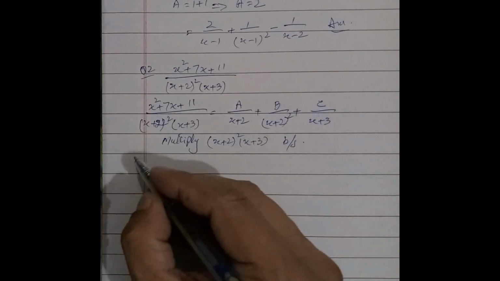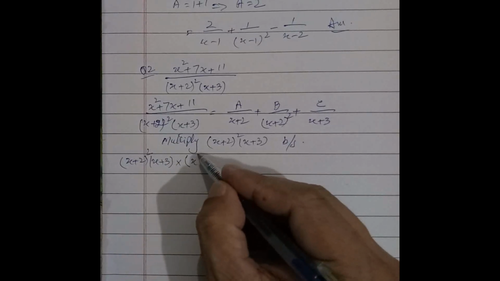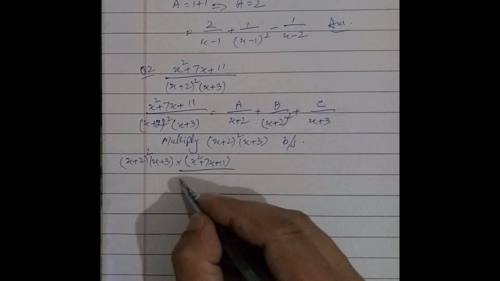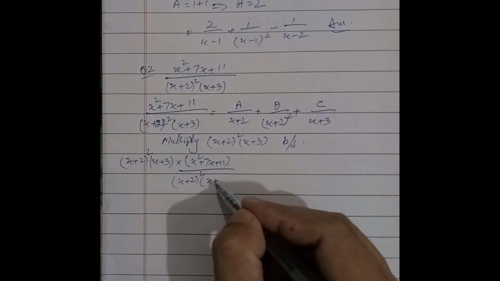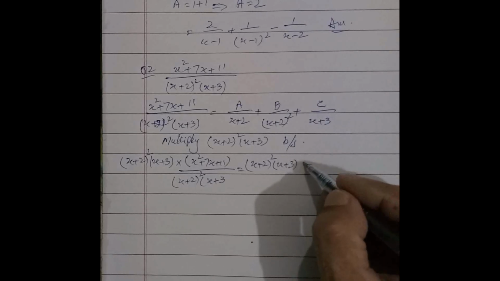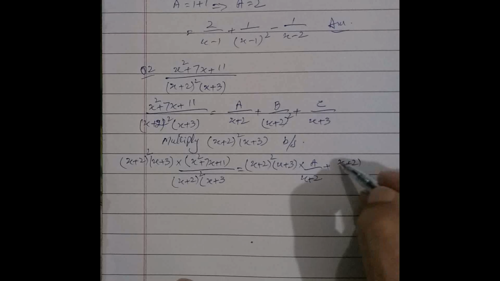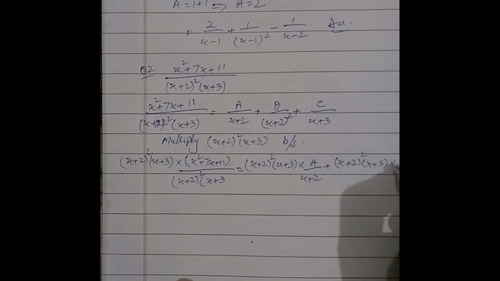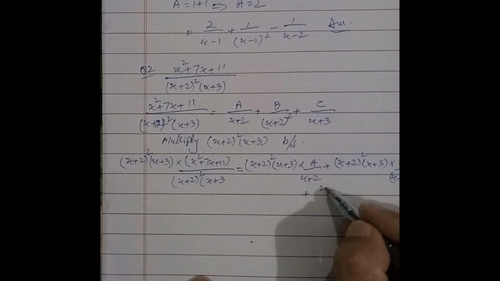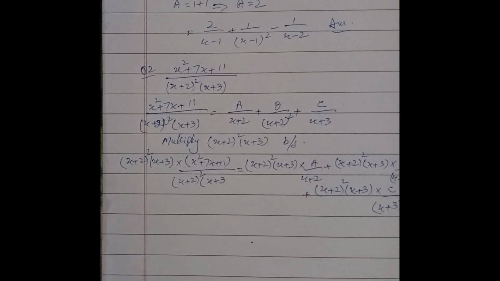We get x plus 2 whole square into x plus 3 multiplied by x square plus 7x plus 11 over x plus 2 whole square into x plus 3 is equal to x plus 2 whole square into x plus 3 multiplied by a over x plus 2, plus x plus 2 whole square into x plus 3 into b over x plus 2 whole square, plus x plus 2 whole square into x plus 3 multiplied by c over x plus 3.